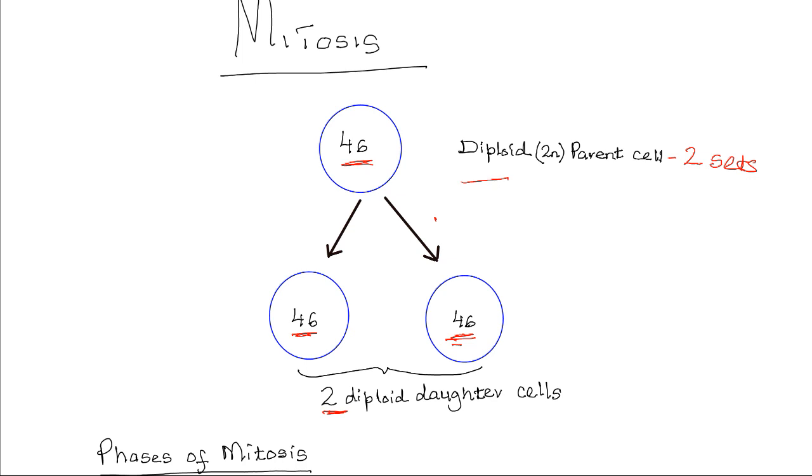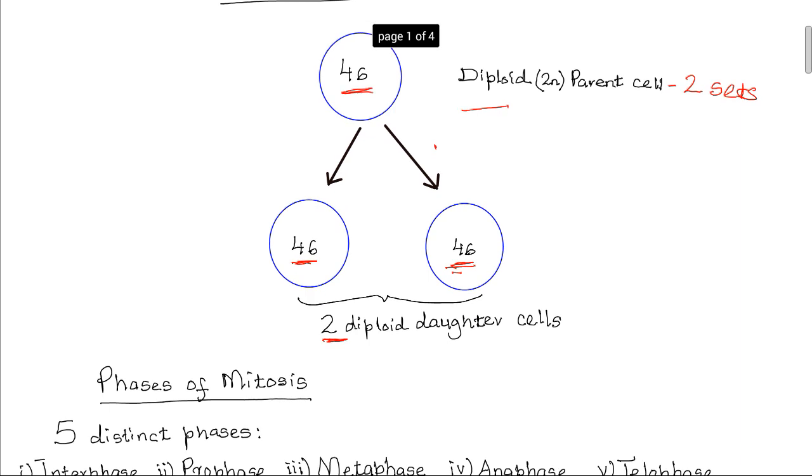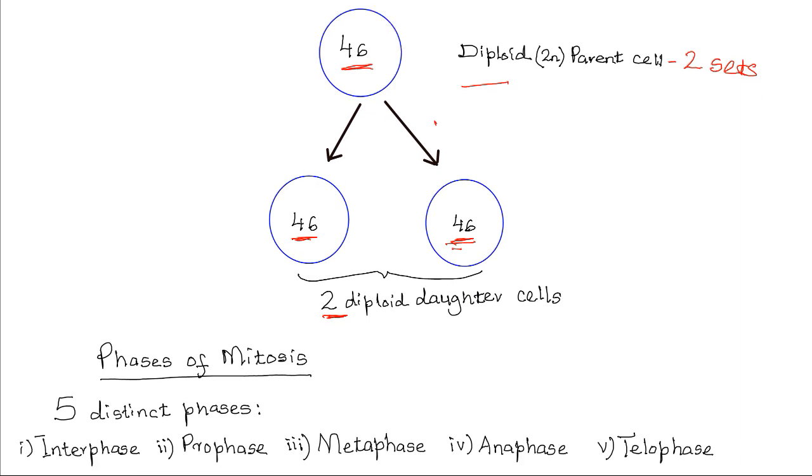In flowering plants, mitosis occurs at the tips of the shoot and the roots, where it is responsible for growth.